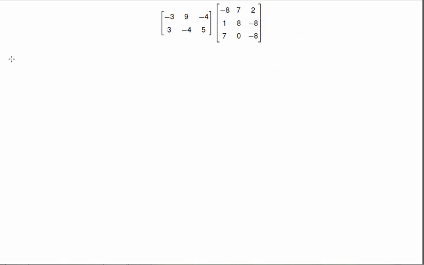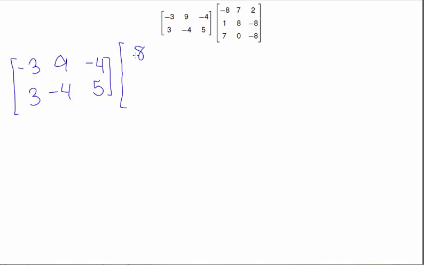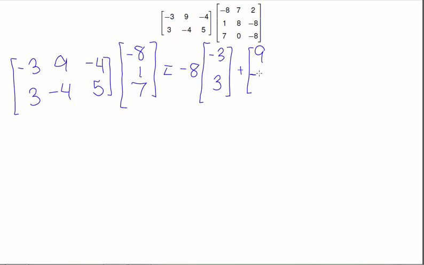So when we do this, we'll start by multiplying matrix A by the first column of B. So we have -8 times the first column plus 1 times the second column plus 7 times the third column.